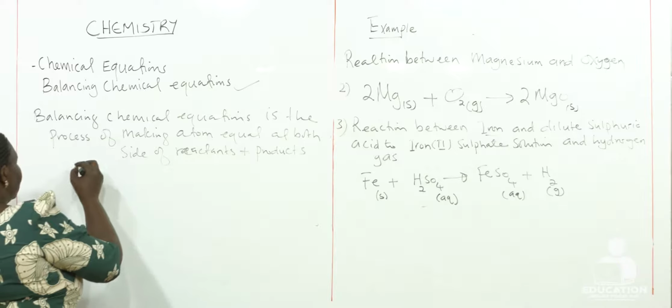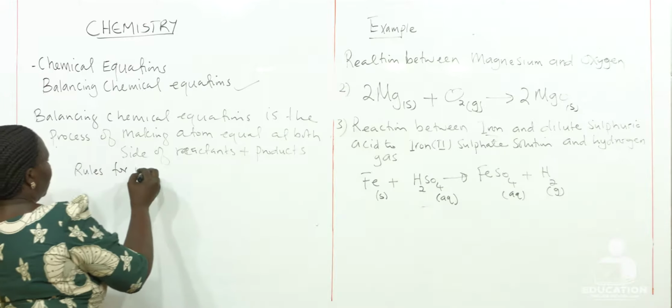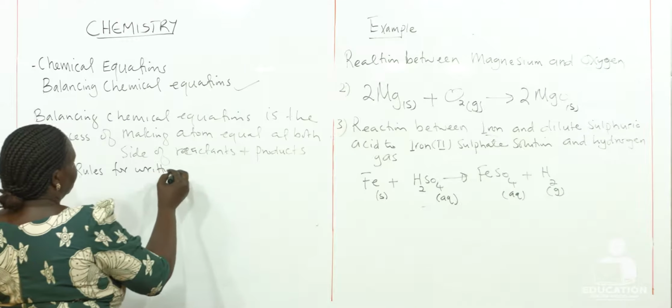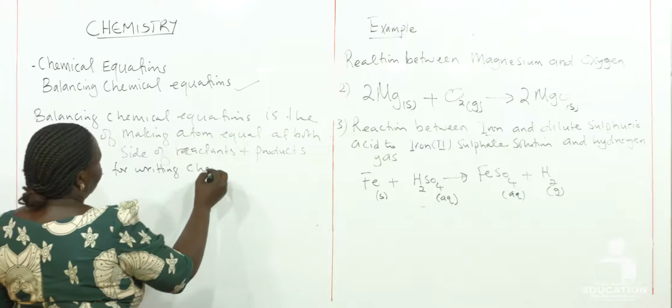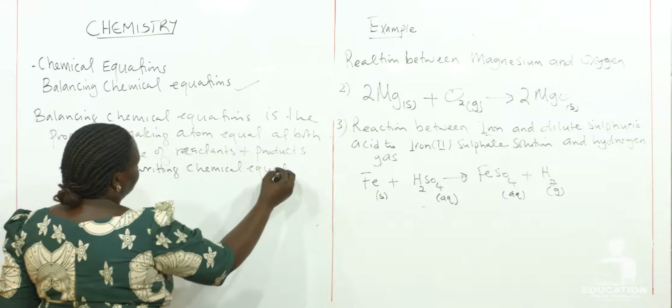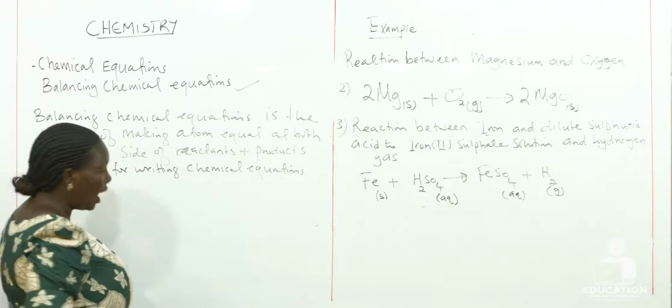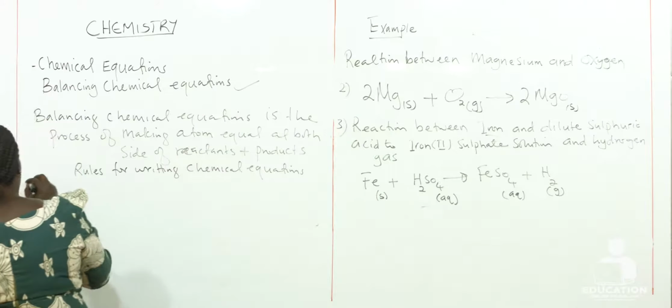We have rules for writing chemical equations. So rule number 1 is that you write the formula. 1.